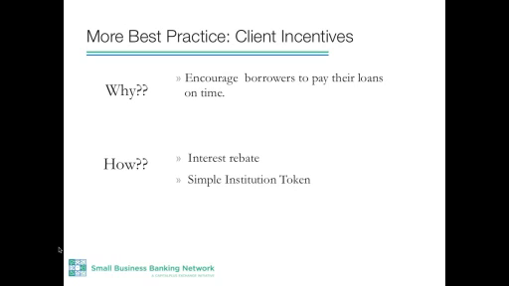Many of the institutions give very simple tokens like pens, umbrellas, t-shirts, small tokens like purses. Now, these seem very simple, but in my experience, our clients feel important if, after completing one loan cycle, for example, the loan officer hands them a very simple token.